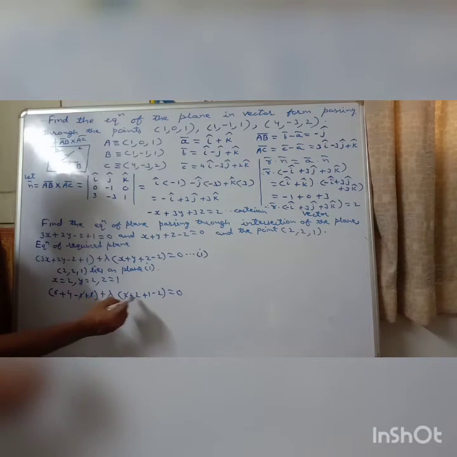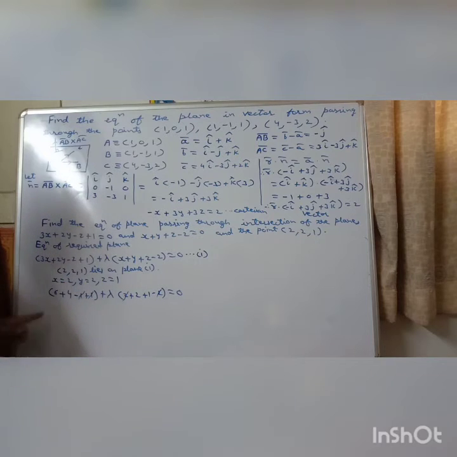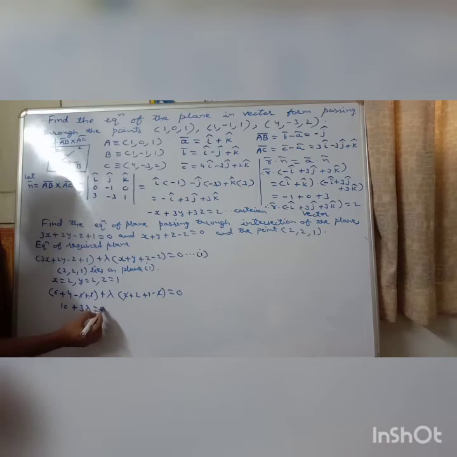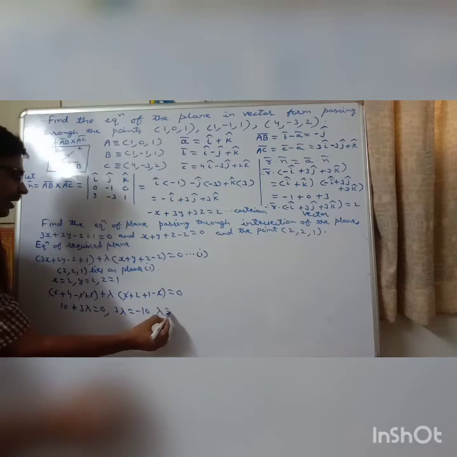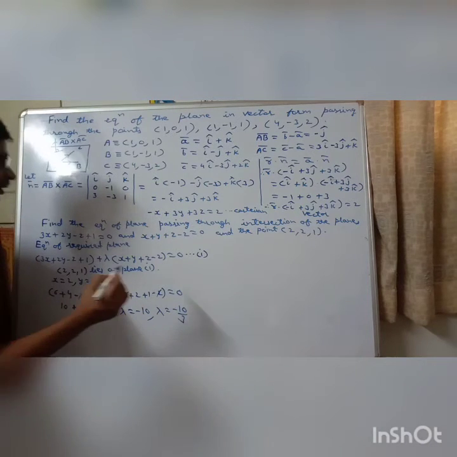In the second bracket, 2 minus 2 cancel. 10 lambda. So, in the first term, 10 is there, plus 3 lambda equal to 0. Find the value of lambda. 3 lambda equals minus 10. It means that lambda is minus 10 by 3.